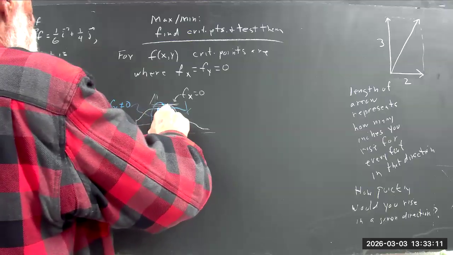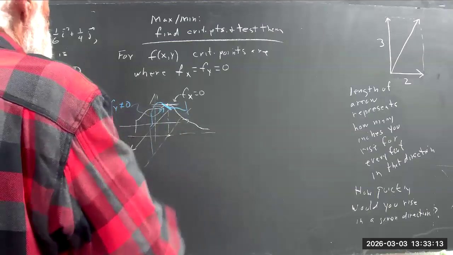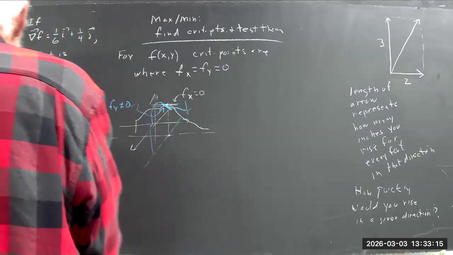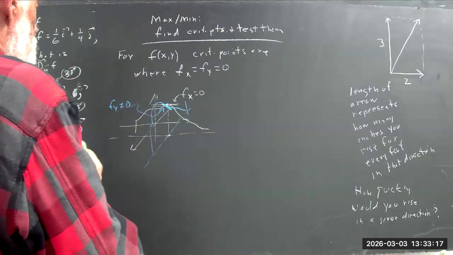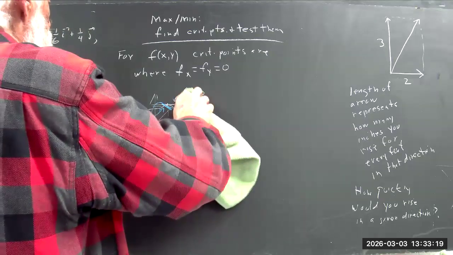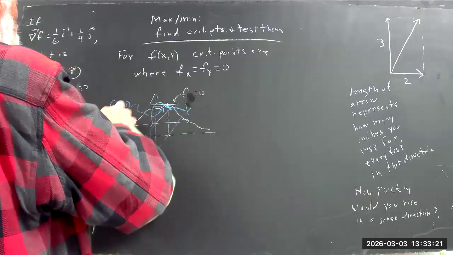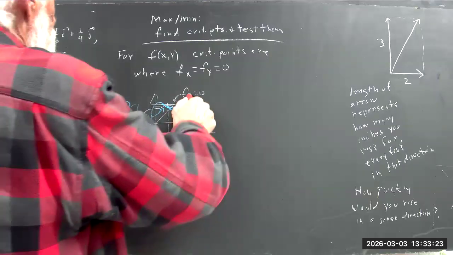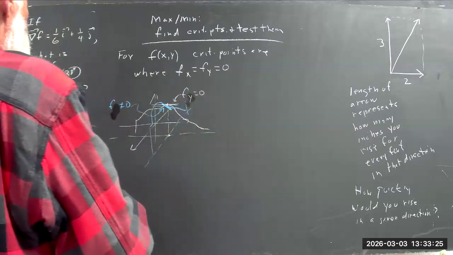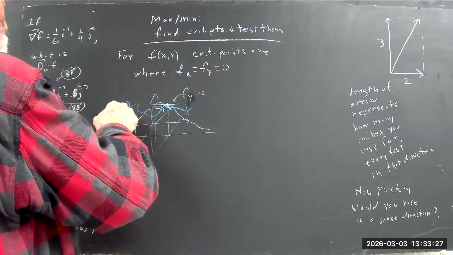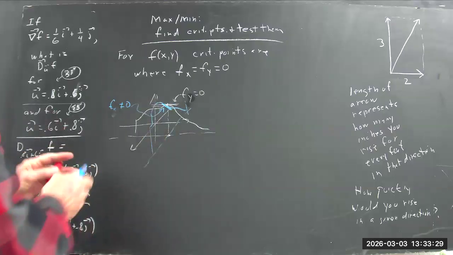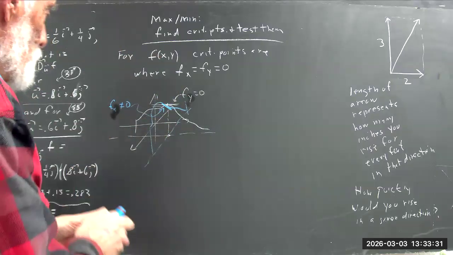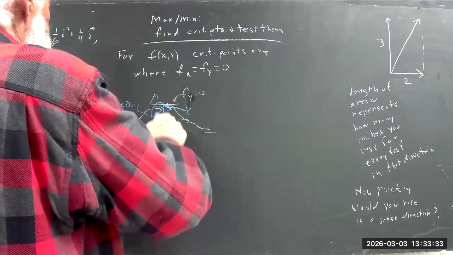Fy is not equal to zero. Oh, you know what, I wrote it wrong. Picture's okay, labeling, careless. This is Fy. This would be Fx. X is changing along this side.